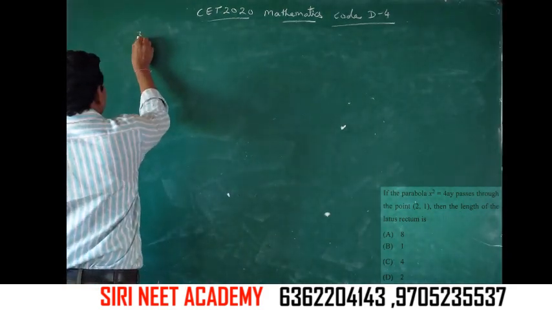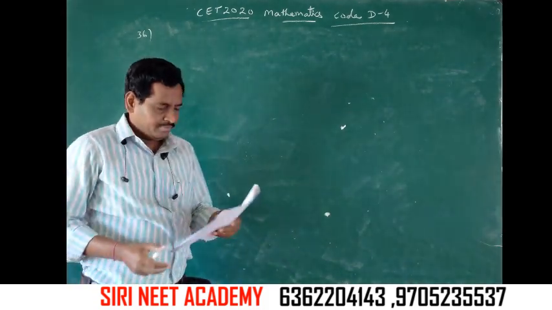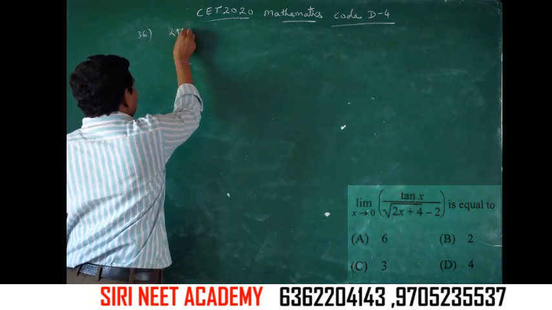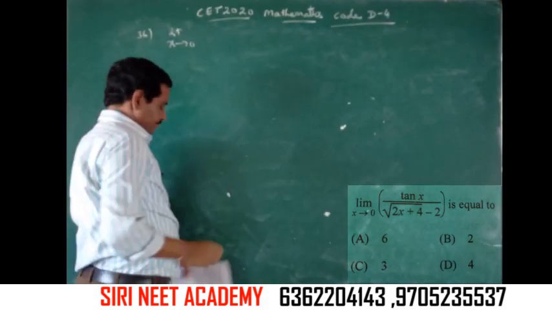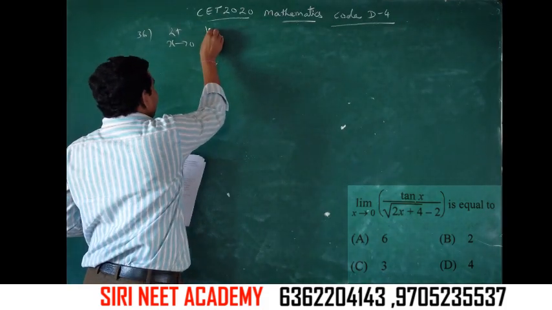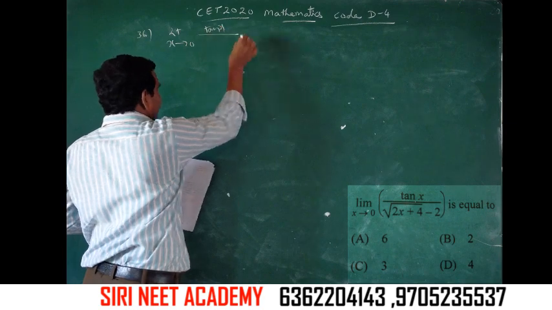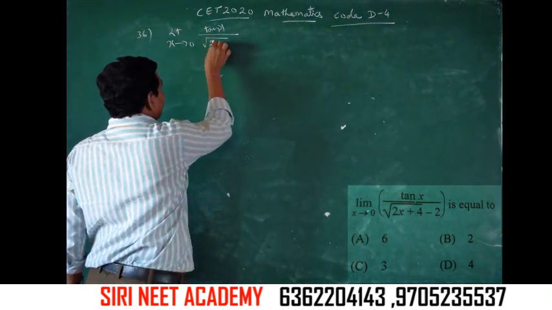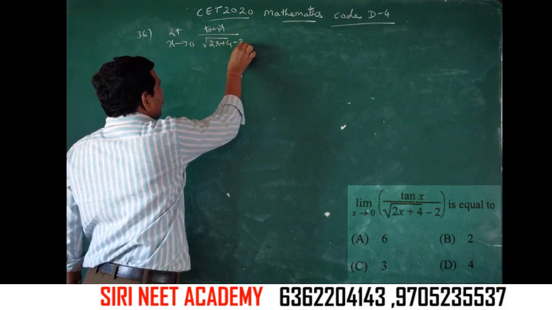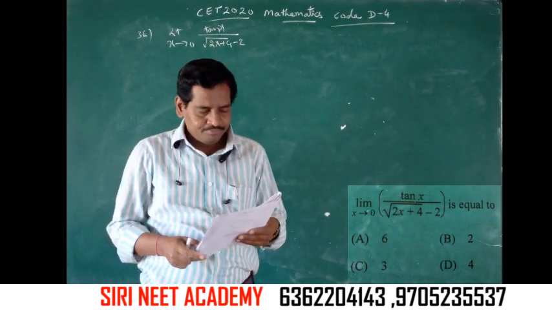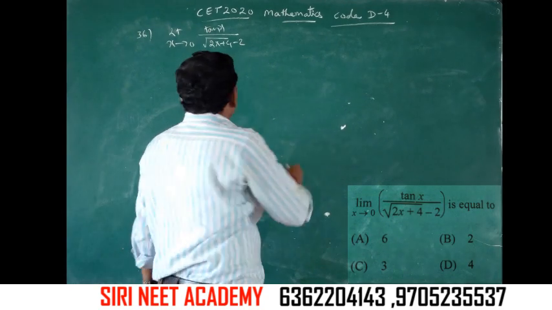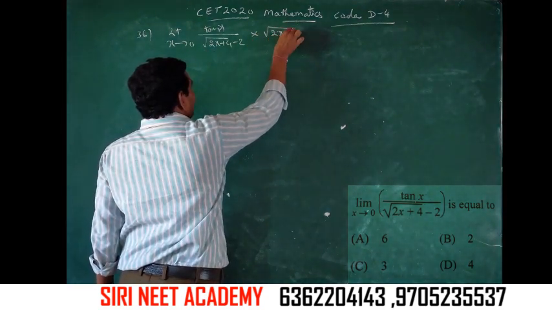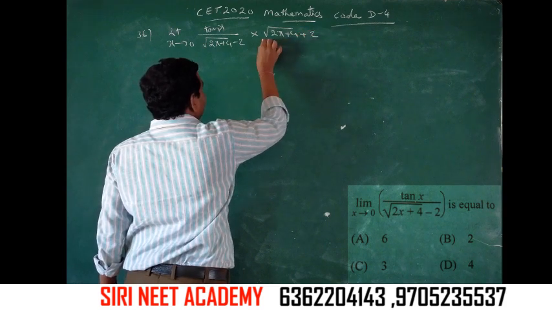Now question number 36. This is from limits. Limit x tends to 0, tan x divided by root of 2x plus 4 minus 2. First of all, rationalize the denominator with root of 2x plus 4 plus 2.